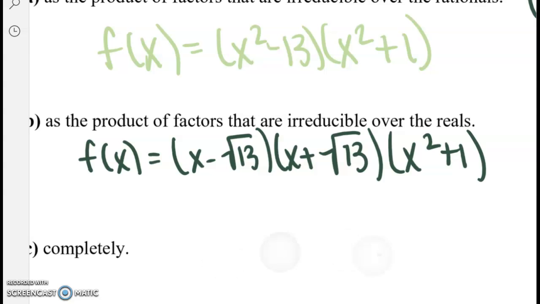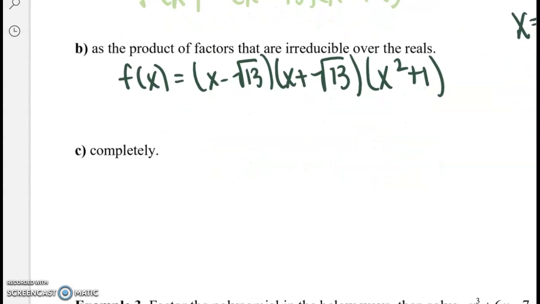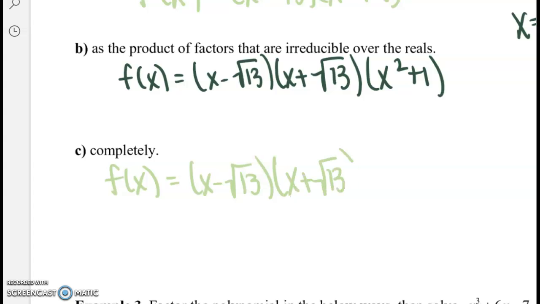And then our complete factorization is going to be all of those. So I've got f of x equals x minus root 13, x plus root 13, x minus i, and x plus i. So that would be our complete linear factorization, seeing all of those zero solutions as linear factors.